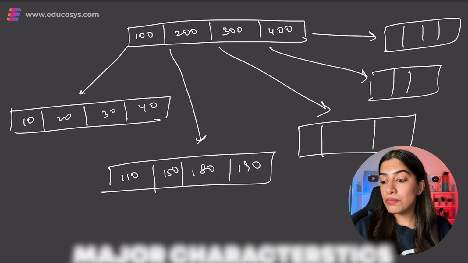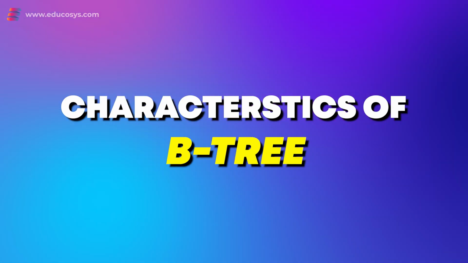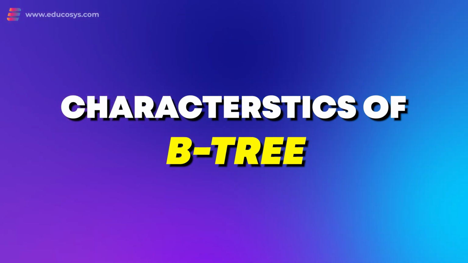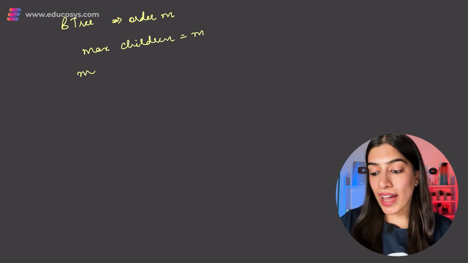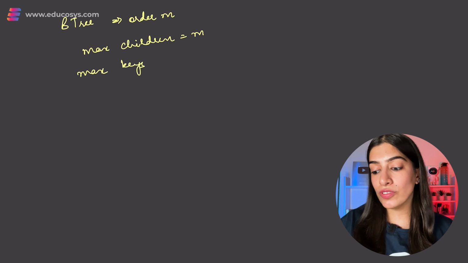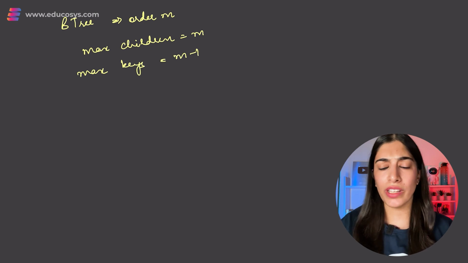Let's understand the major characteristics of a B-tree now. When we say that a B-tree is of order m, as I said before, this means that the maximum number of children that any node in the B-tree can have is equal to m. That means the maximum number of keys that any node can have is equal to m minus 1. Why so?